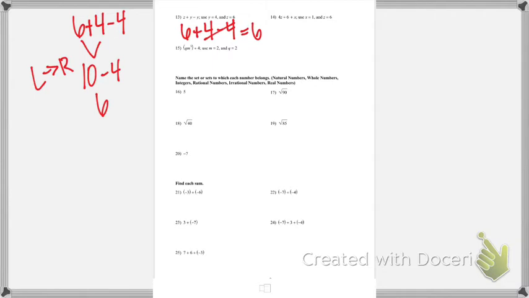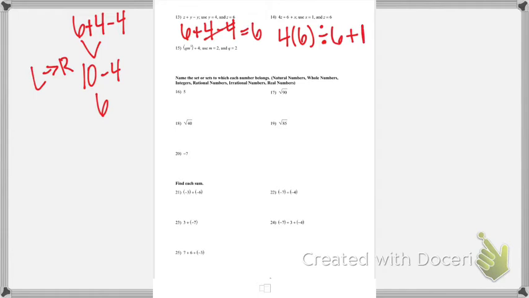All right, number 14. So we have z equals 6, x equals 1. So we have 4z. So that means we say 4 times 6 divided by 6 plus 1. So we're still doing order of operations here.